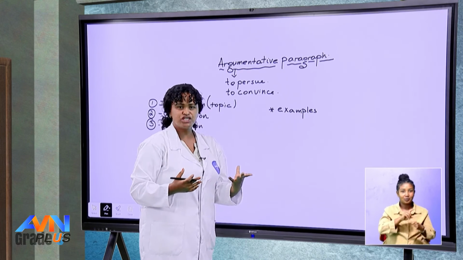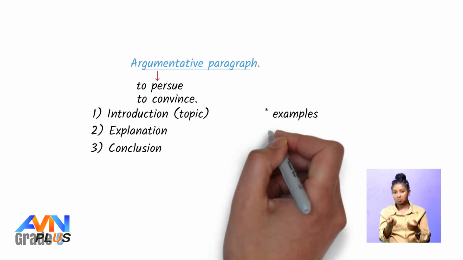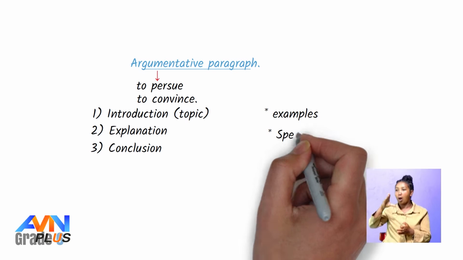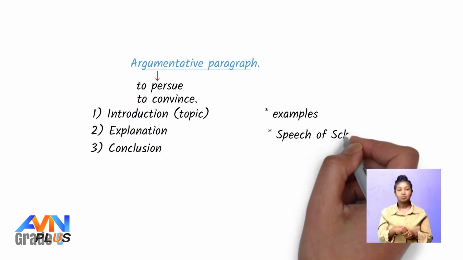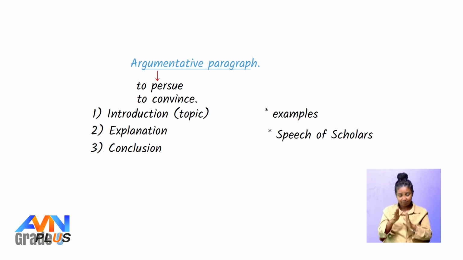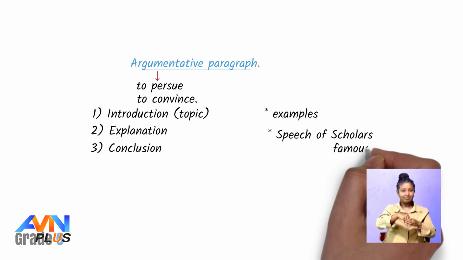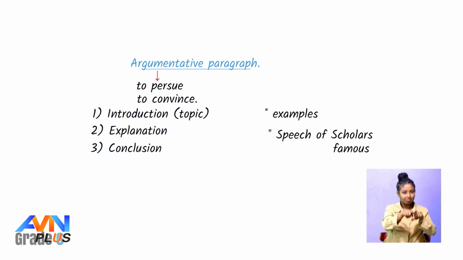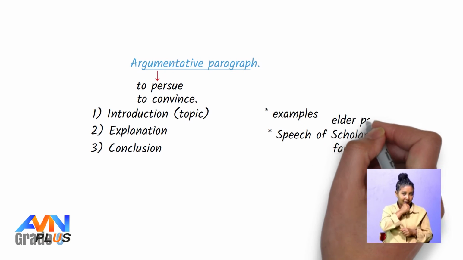So you have to mention what? Examples. Or you can also mention speeches of scholars. It can be scholars or famous people, or you can say what elderly ones have said, elder people.